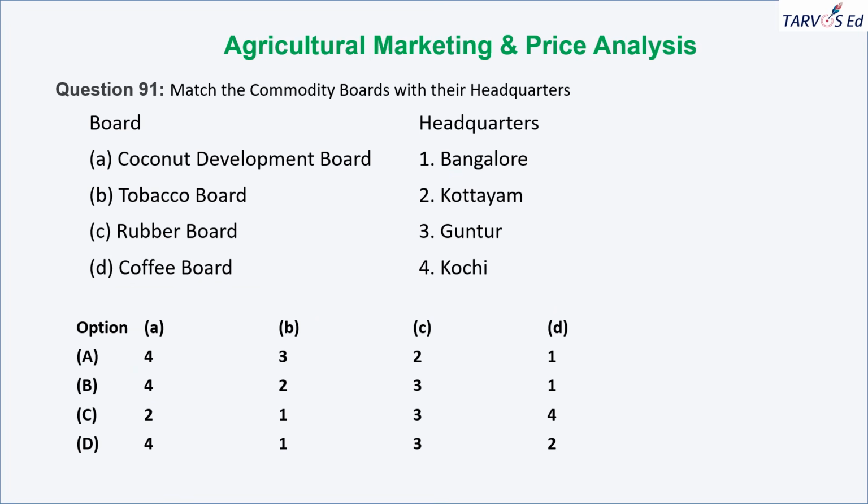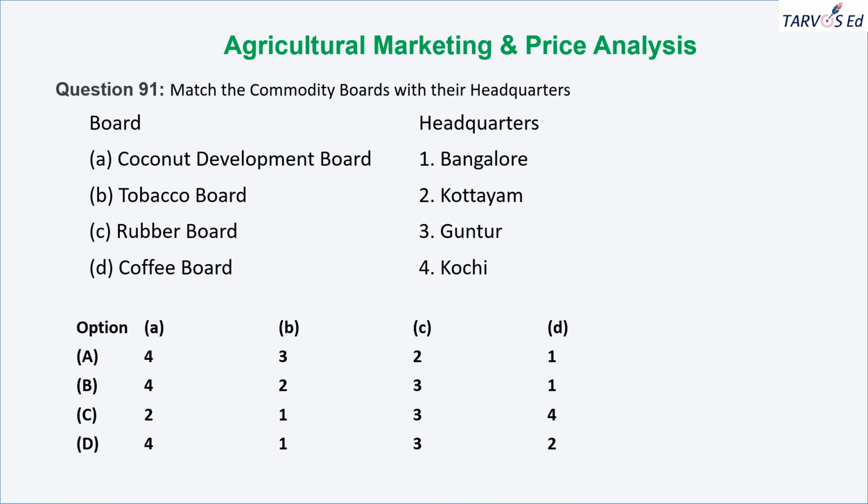And the next question, and the last question, I want you people to answer. So, again, it is from Agricultural Marketing and Price Analysis. They have given commodity boards and you have to match them with their headquarters. According to this question, you have to focus on the production of a particular commodity, so you can easily guess the headquarters.